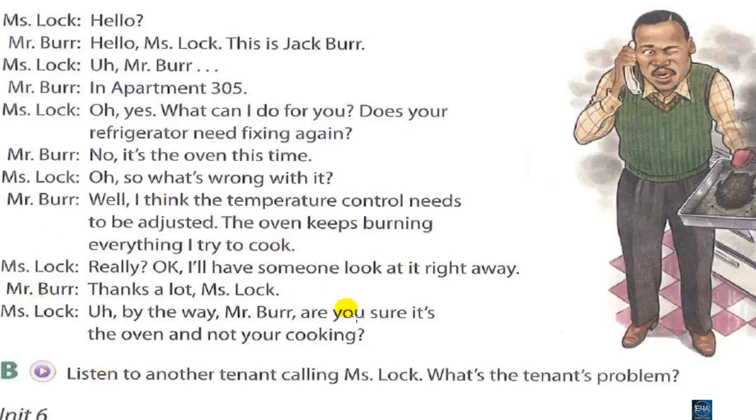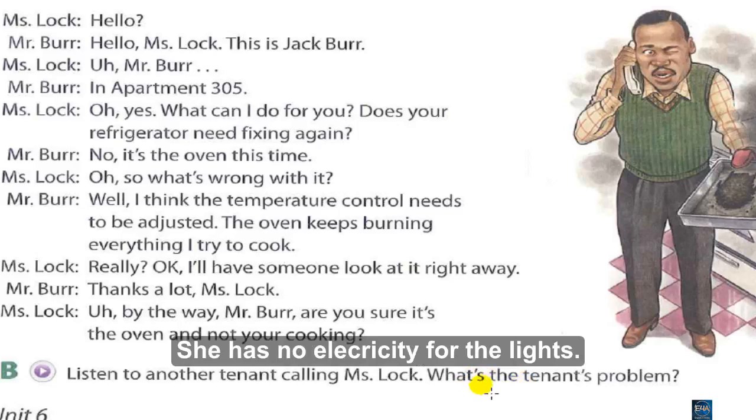So, what is the tenant's problem? Ms. Harris is calling Ms. Locke. She's in flat number 216. Her problem is that the electricity is going on and off.